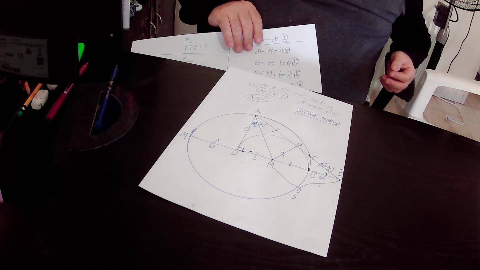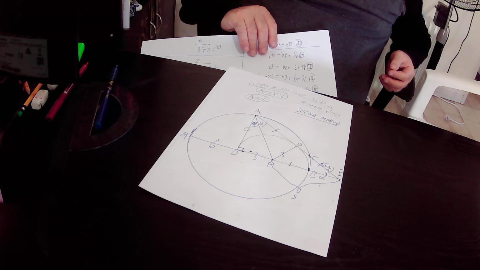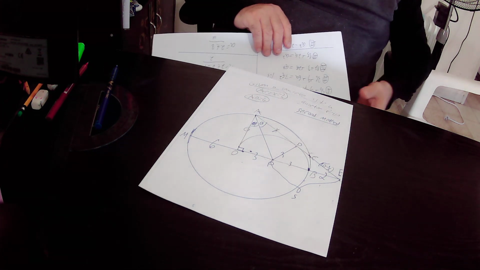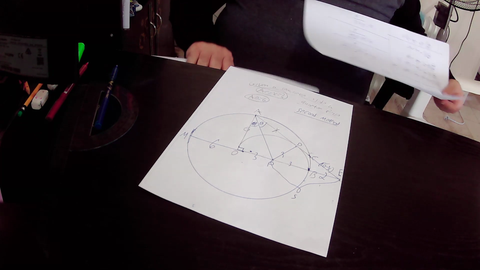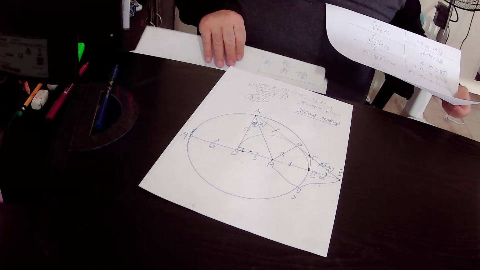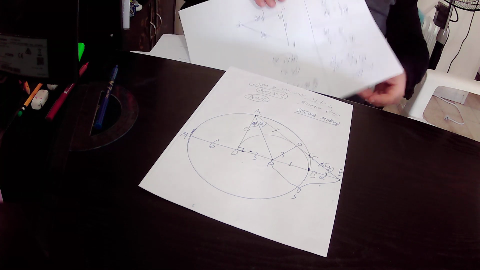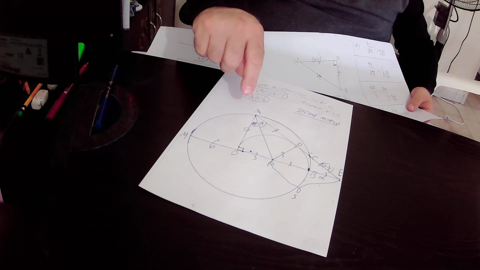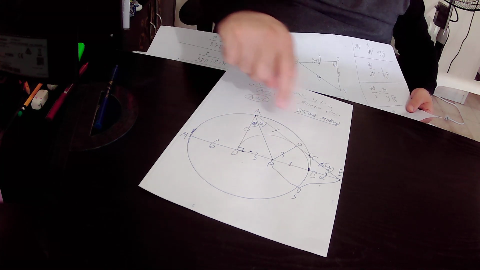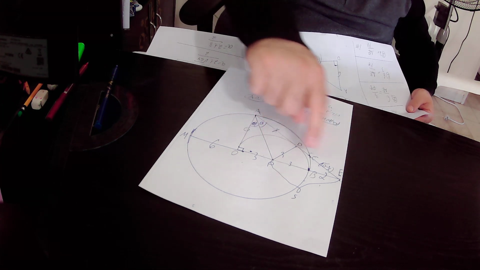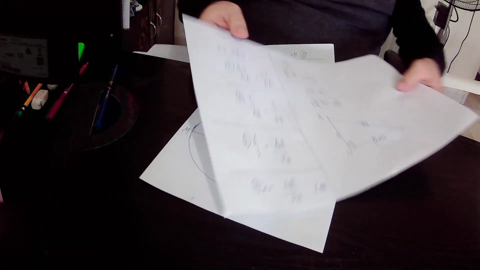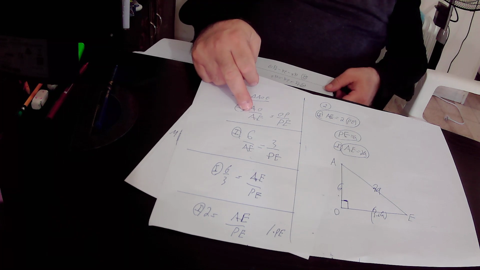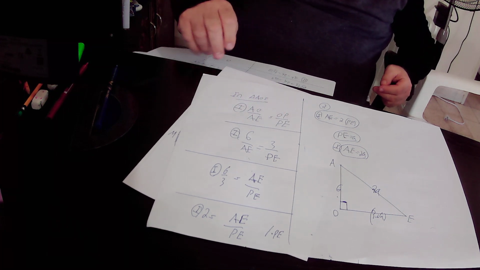Therefore, according to the angle bisector theorem, in the right triangle AOE, AP is the angle bisector, therefore AO over AE will be equal to OP over PE.